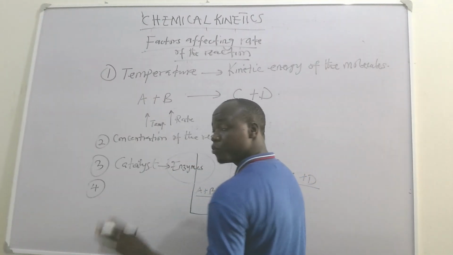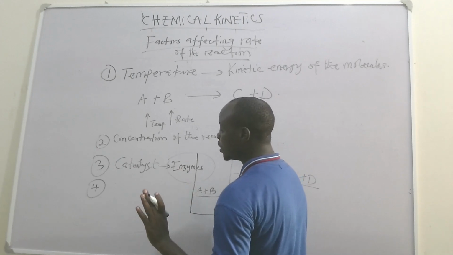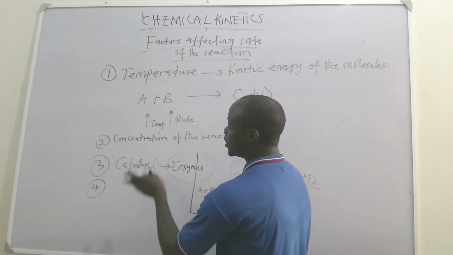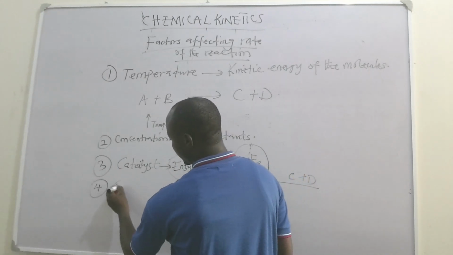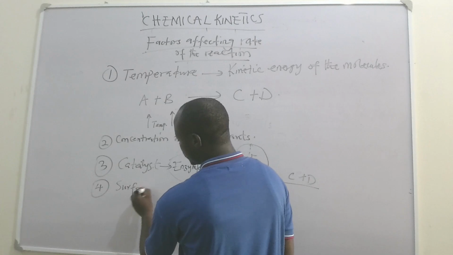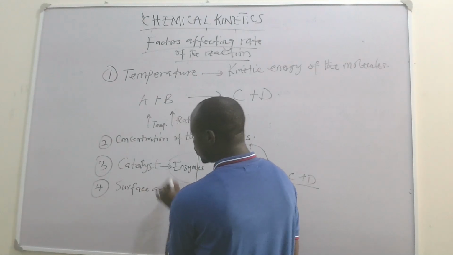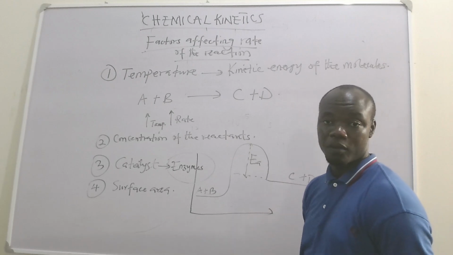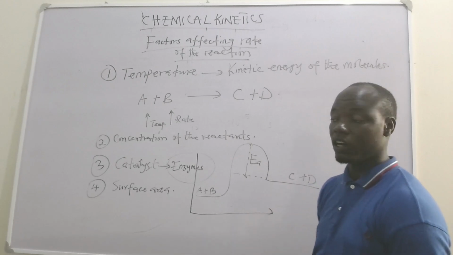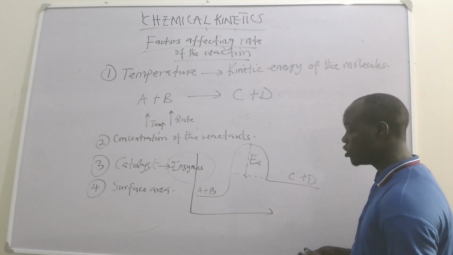The fourth one, apart from temperature, concentration, and catalyst, is surface area. Generally, an increase in surface area also increases the rate of the reaction. How do you increase the surface area of the active molecules?